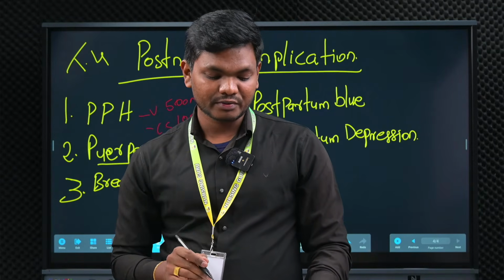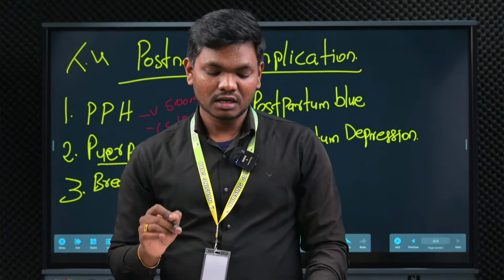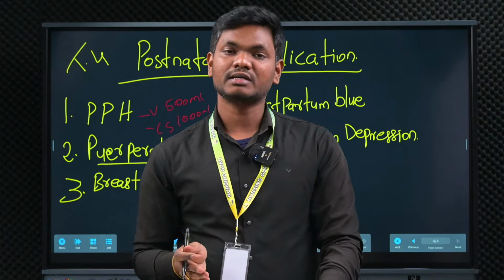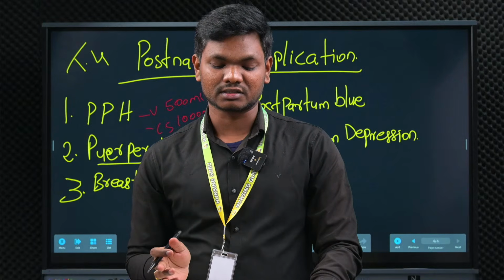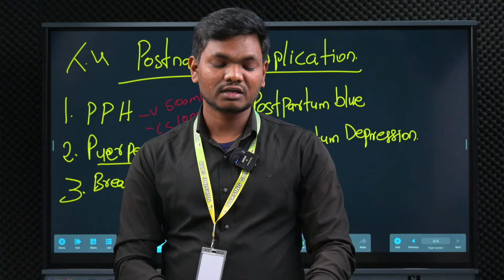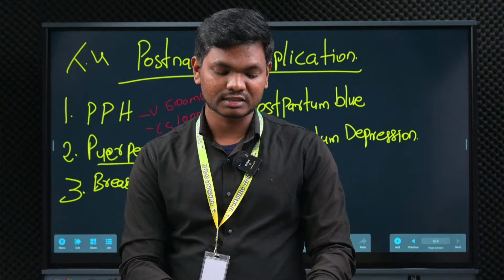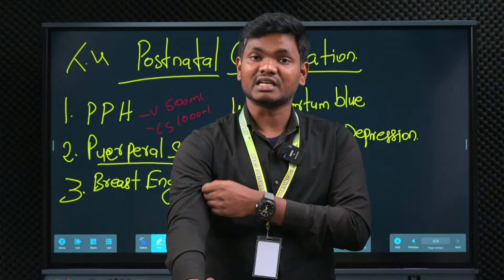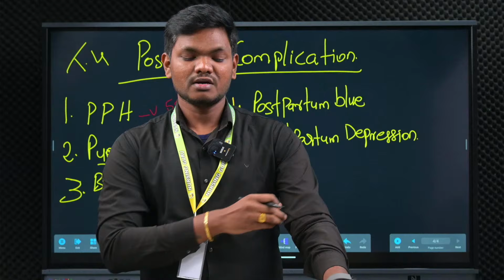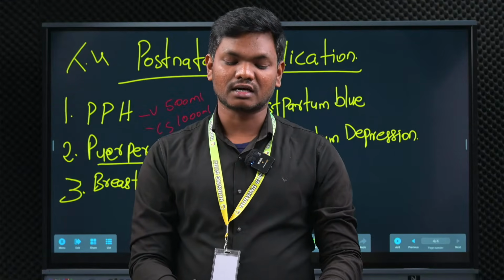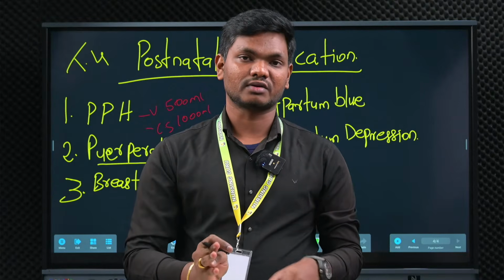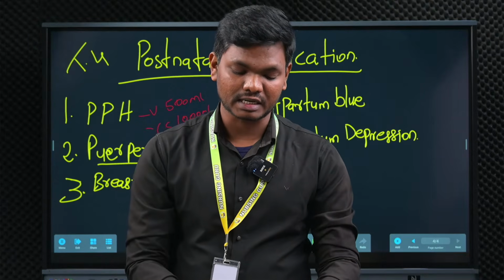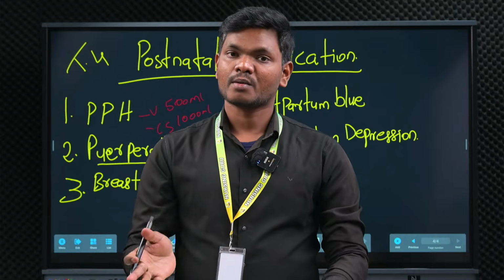Puerperal pyemia means septicemia with multiple metastatic abscesses. Those are the two types. Then what are the causes of puerperal sepsis? Ascending infections, that is, infection from the vagina or the cervix. Through the cervix and the vagina, microorganisms can enter, and it may lead to septicemia.